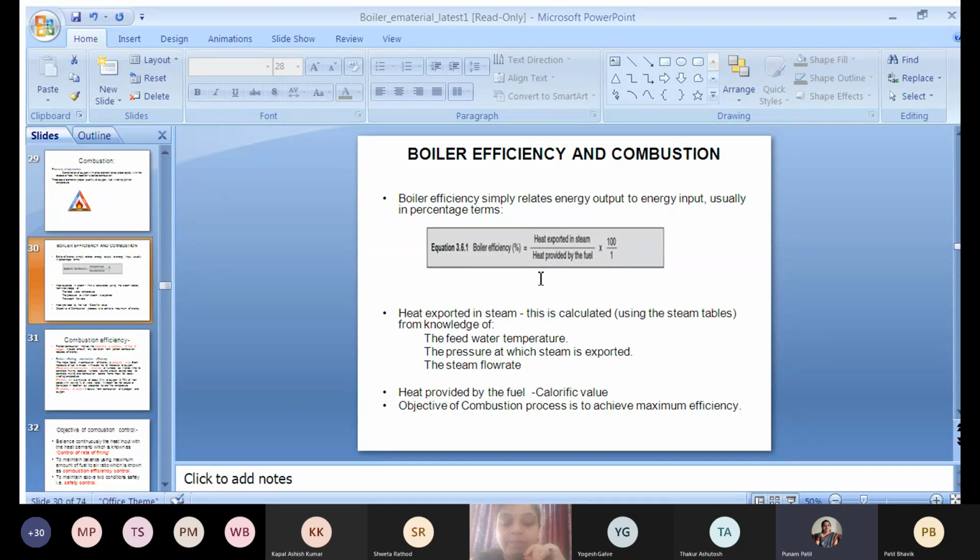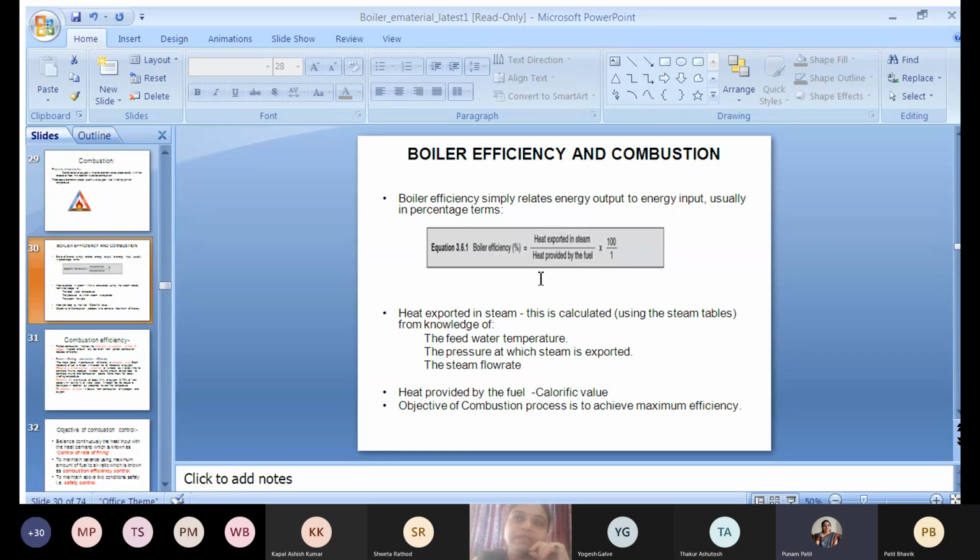Combustion efficiency is nothing but the boiler efficiency. Why? Because the utilities are air and fuel. So how much utility is required to produce the amount of heat will decide the efficiency. Output by input, that we are going to consider.